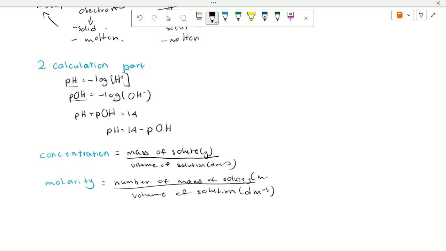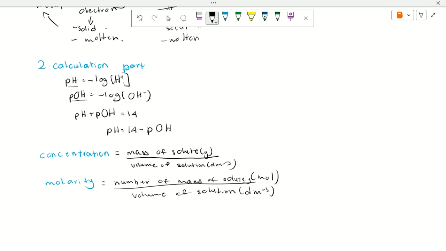This is mole. So basically, concentration is how much mass you have in a volume of solution, and molarity is how many moles you have of a solute in a volume of solution. So this is the mass of the solute and this is the mole of the solute.